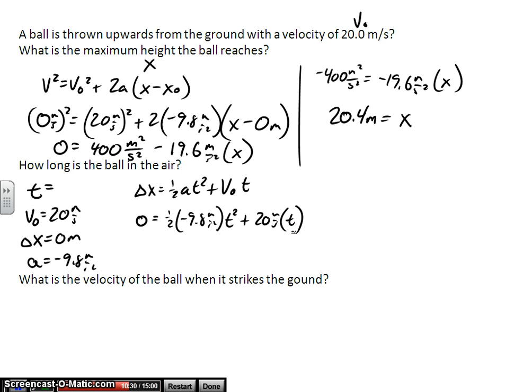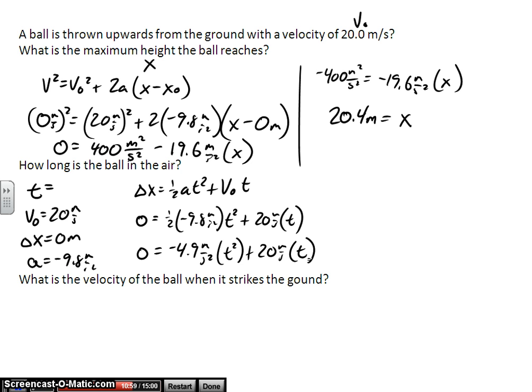This is either a quadratic or a factoring problem because you are getting 0 equals negative 4.9 meters per second squared t squared plus 20 meters per second t. Definitely looks like a quadratic. You can go to the quad solver in your calculator, get that from one of your teachers, or you can factor this out. That will also work.